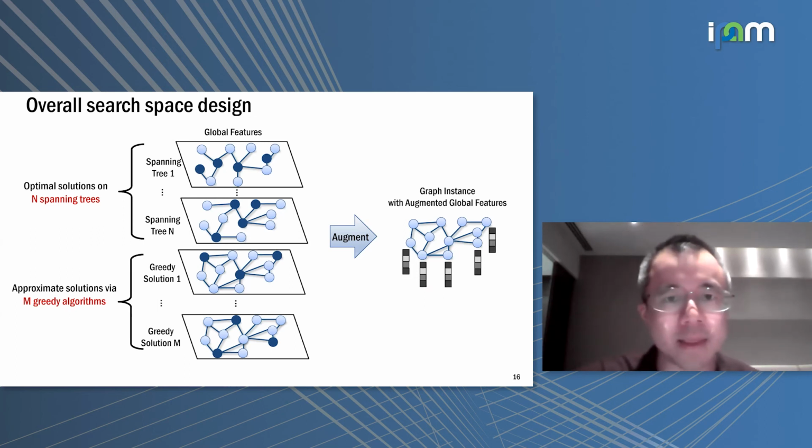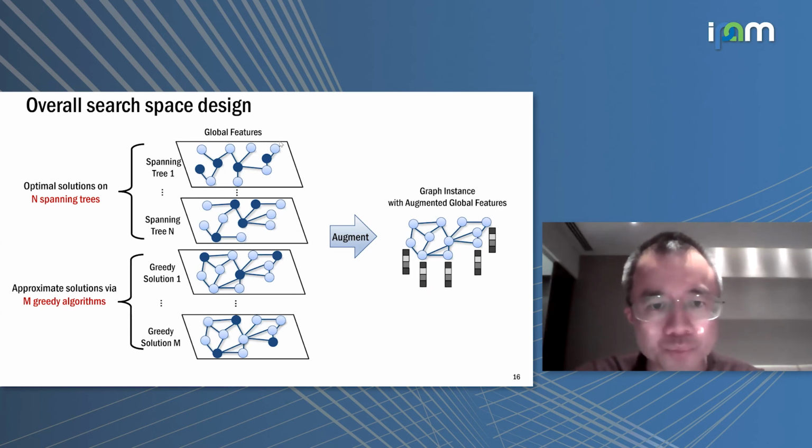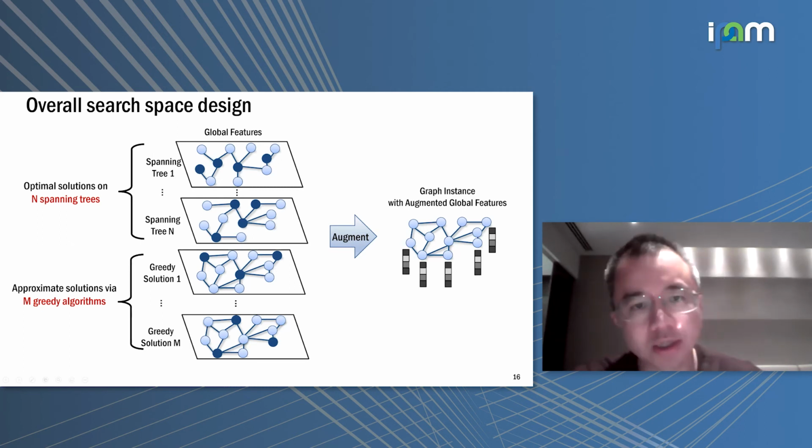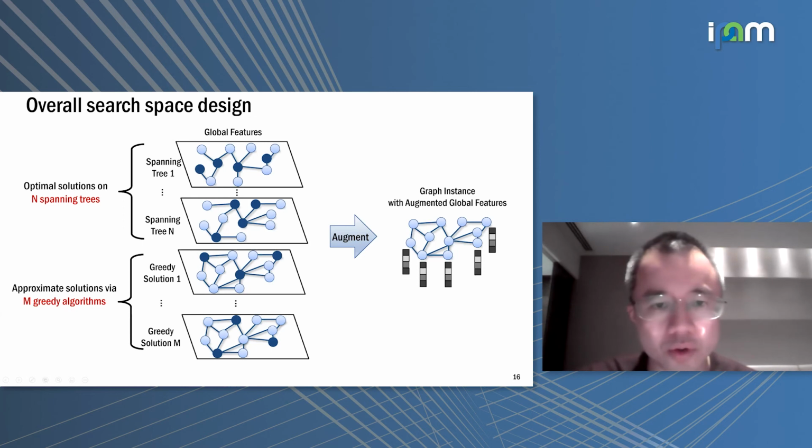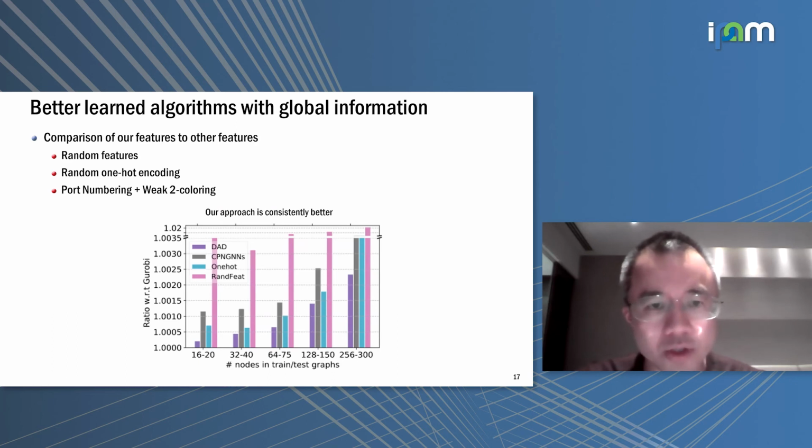Once you have this augmented graph structure, you can just run a graph neural net on top of it. You can also include the greedy solution on top of it as well. What you will find is that with this augmentation, when you just learn your graph neural net based algorithm, it's actually doing very well.